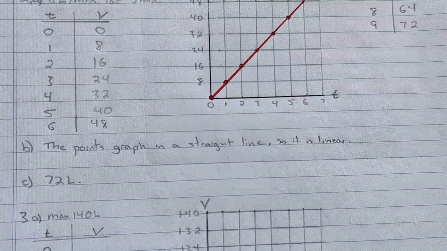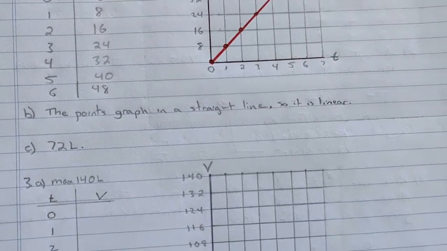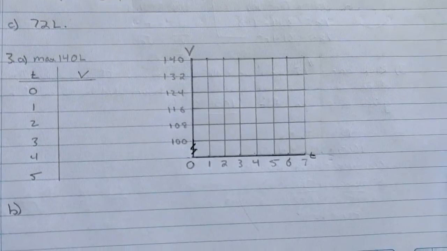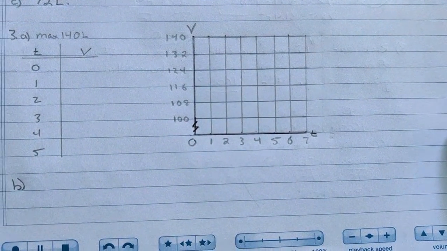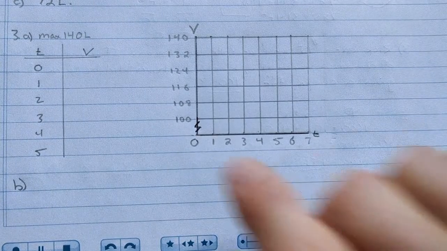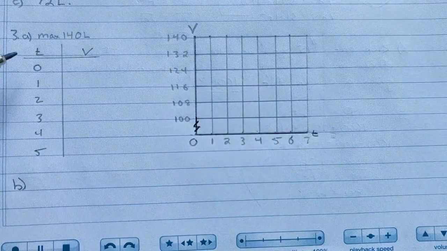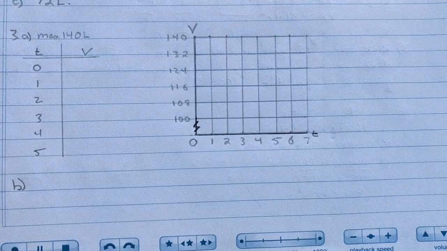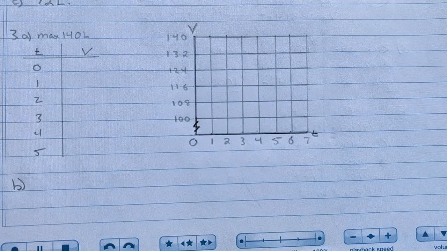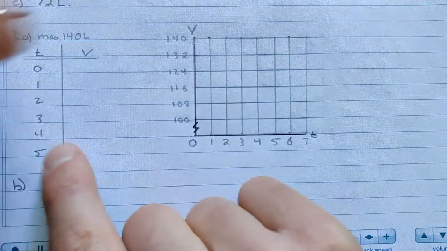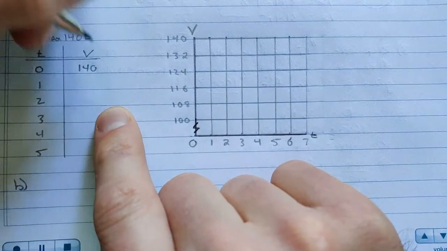So the opposite. In this case, in our table, at time 0, when we start, the bathtub's empty. There's no water in it, so it can fit 140 liters more still.